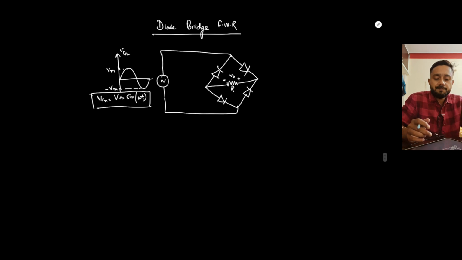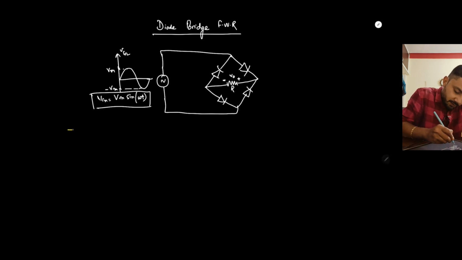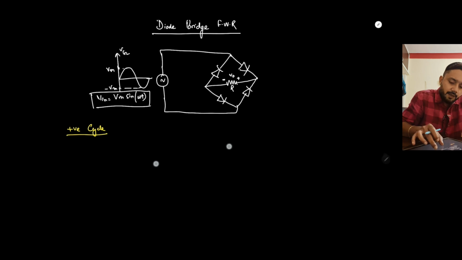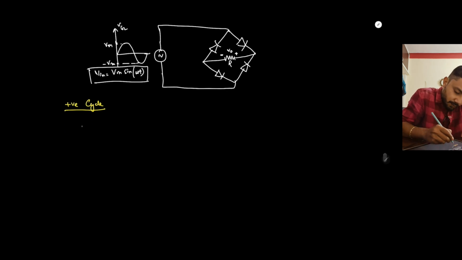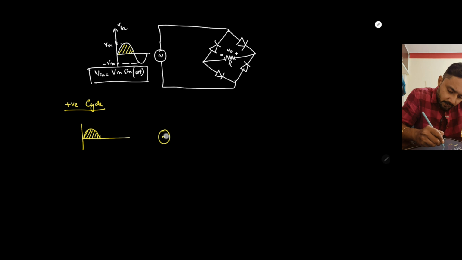Now let's see how the circuit behaves when the input is positive, that is, for the positive cycle. We are considering the positive cycle here, so the polarity will be like this.